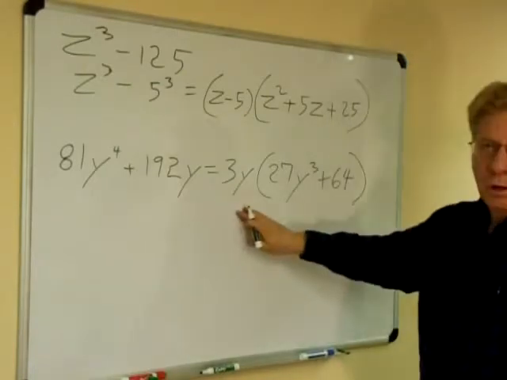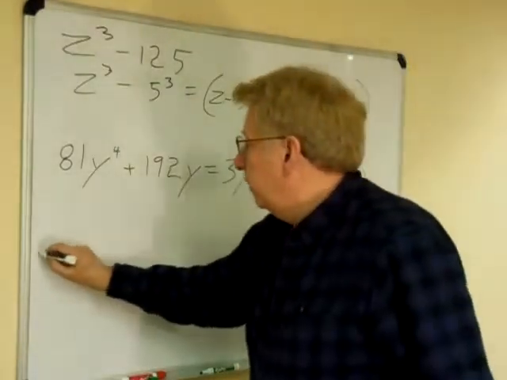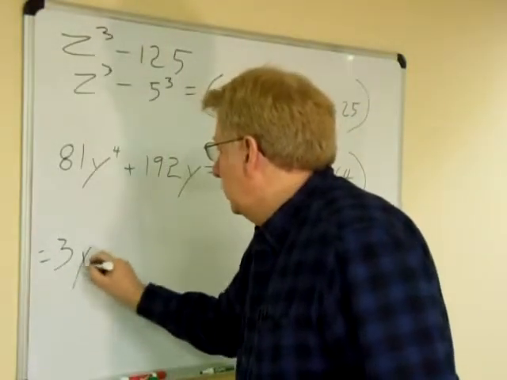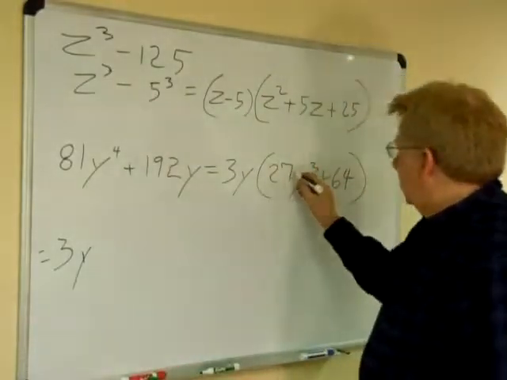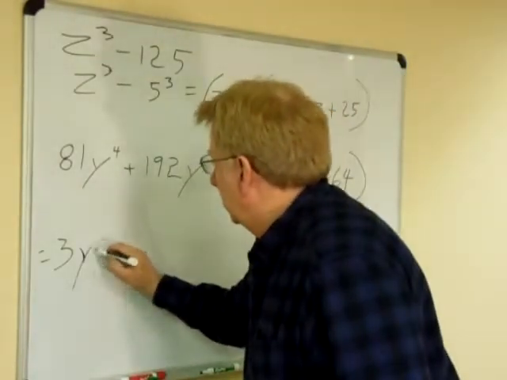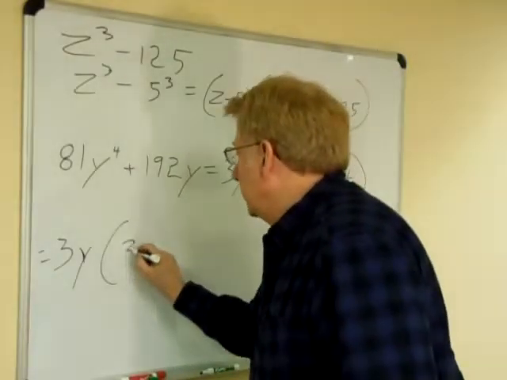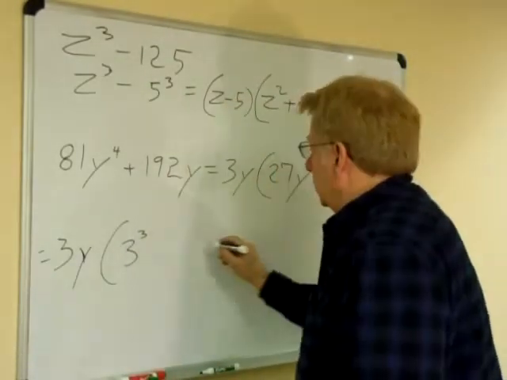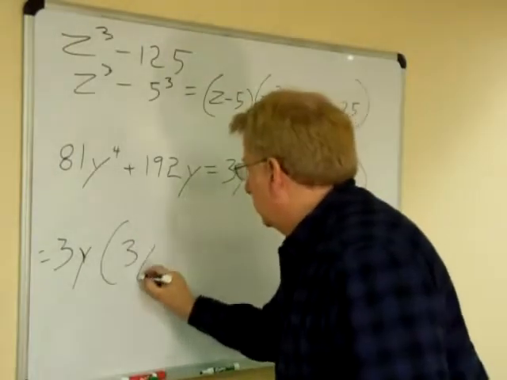So this is our new expression, and we'll keep the 3y. We'll put 3y over here, and then what we've got to look at is 27 is 3 cubed, so I'll rewrite that as 3 cubed. Actually I'll put them together, 3y cubed.